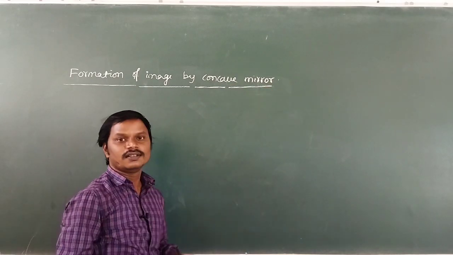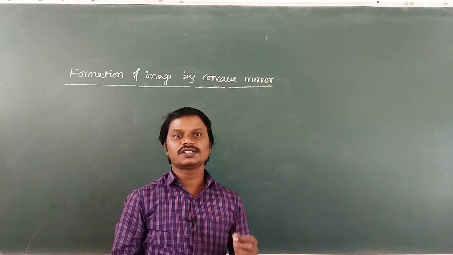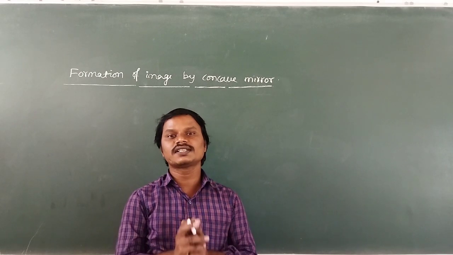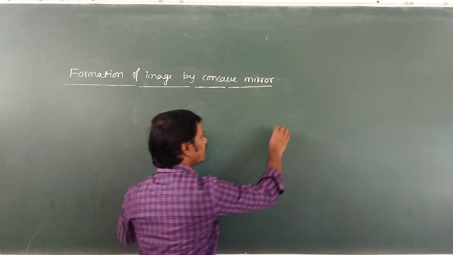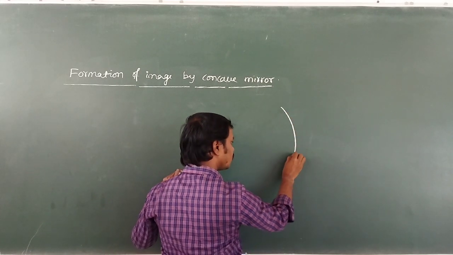Then see here, in order to get the image of the object, we should consider at least two rays coming from the object. Okay, what are those rays? See here, let us consider it is a concave mirror.